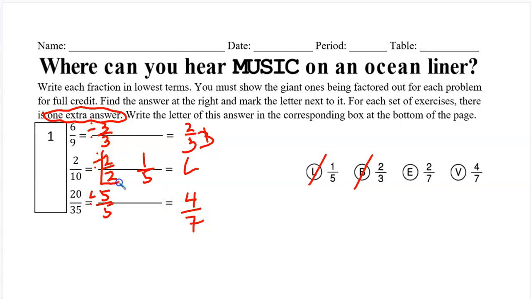Okay, so there's my giant ones that I'm dividing out. And I end up with 4/7. Okay, so the letter that's left over is 2/7. So we're going to go to the backside page and we're going to fill in the letter E. It is for problem number 1, right? So the box that has 1 has an E with it.